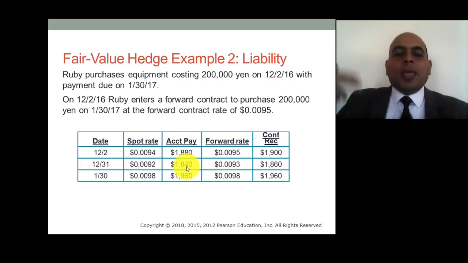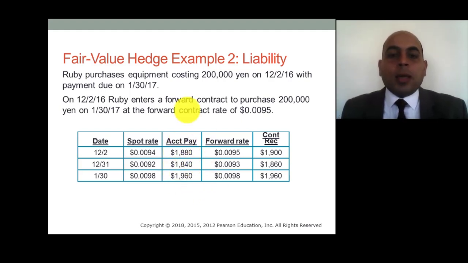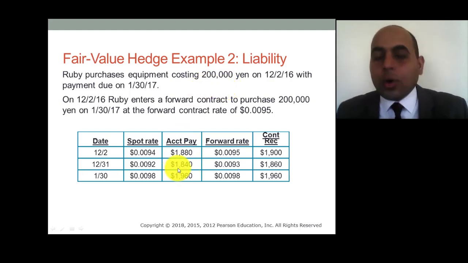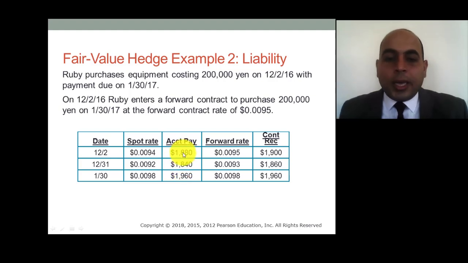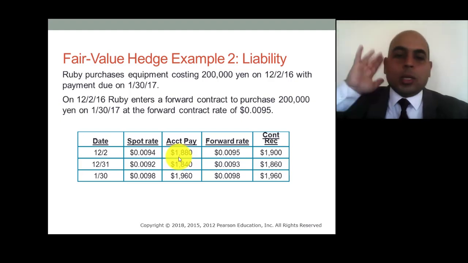To settle it, I will buy the 200,000 which I owe by 1,840. So in this case, we have a gain. As the amount I owe has declined, I will settle 200,000. It's fixed, 200,000 yen. He will receive 200,000.